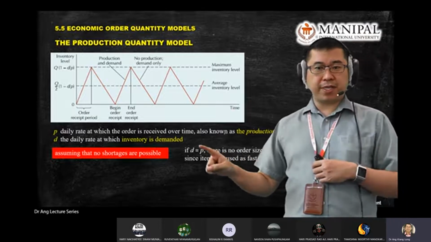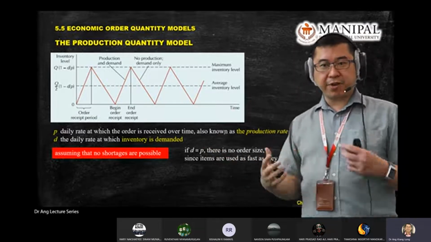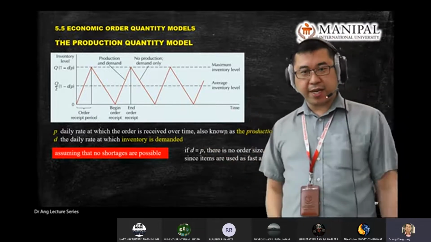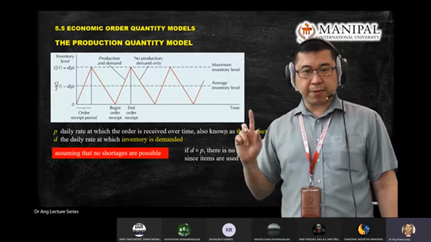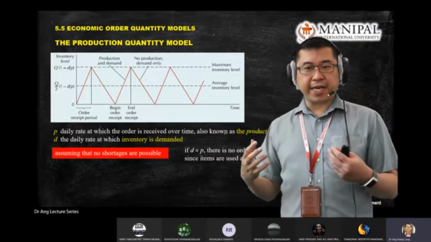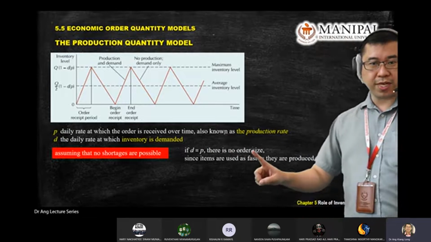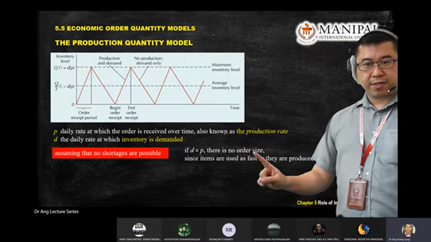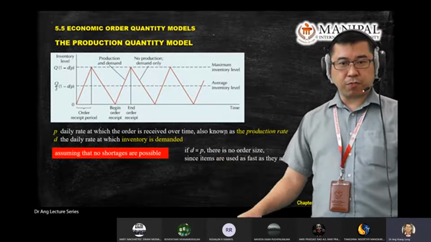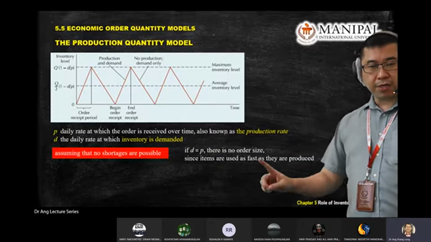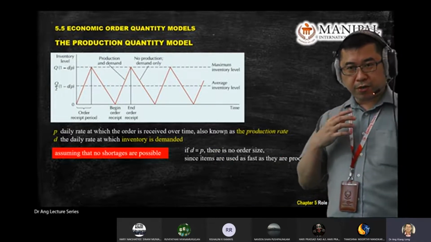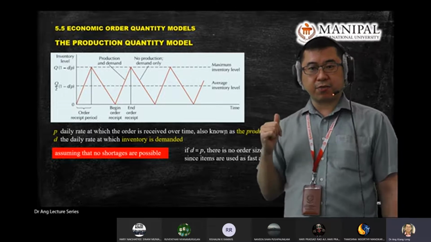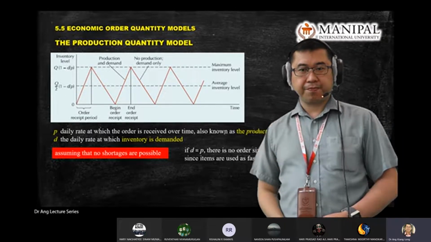For example, let's say customers order 10 burgers every day, and you produce 10 burgers per day. If they are equal, then there's no order size, because you're selling as fast as your production.